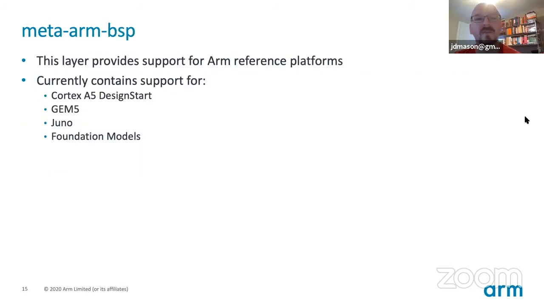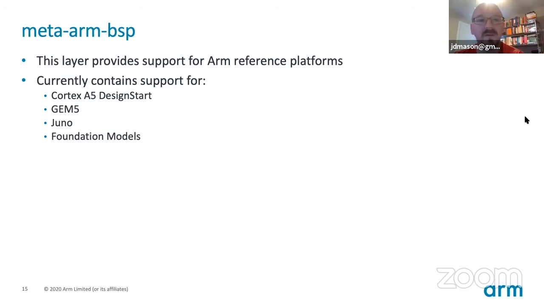And Meta-Arm BSP. So I'm sure many people out there have heard of the Juno board. This layer will provide basic support. There's already support out there in the Linaro layers, but because this is ARM reference hardware, we should be the best ones to support it, and so we've had many communications with the people working on Yocto inside Linaro, and we're transitioning to Meta-Arm.